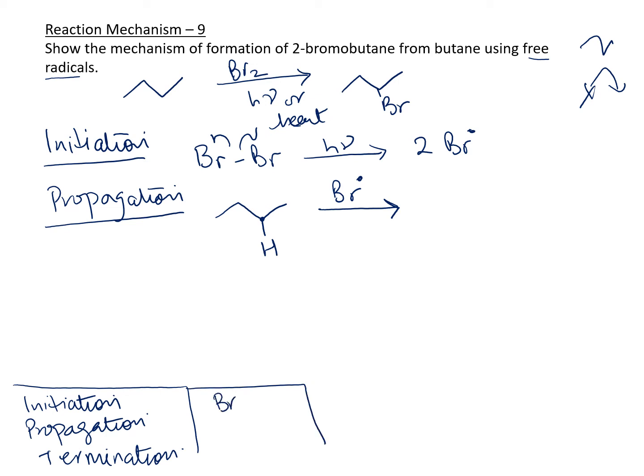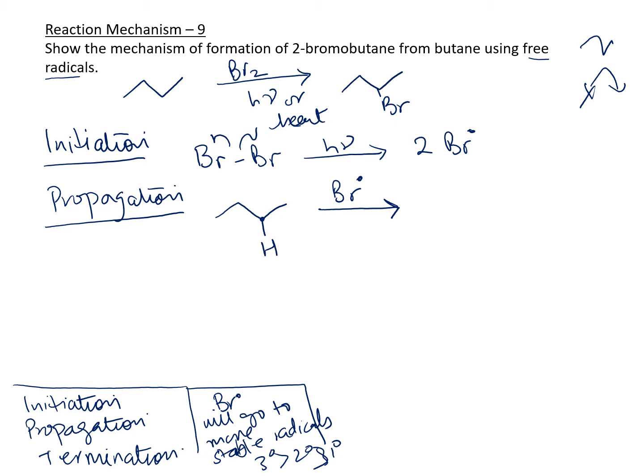The other thing to make sure about with bromine is that bromine radicals will always go to more stable carbon radicals. More stable radicals are just like carbocations: tertiary more than secondary more than primary. Keep that in mind as you work through your mechanism.